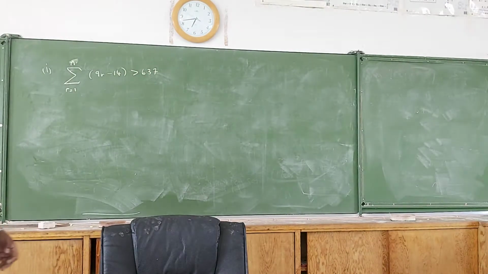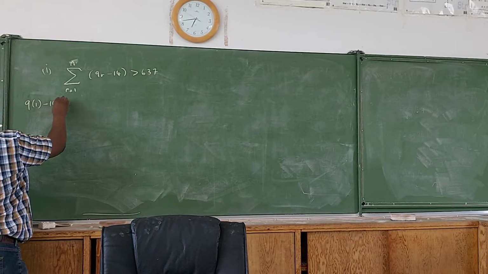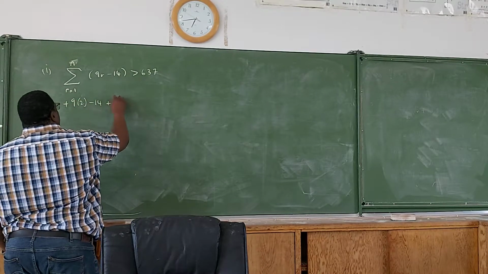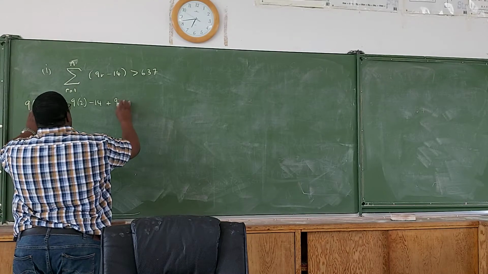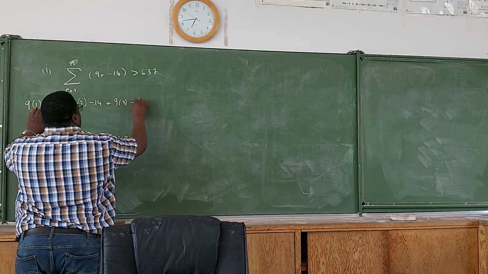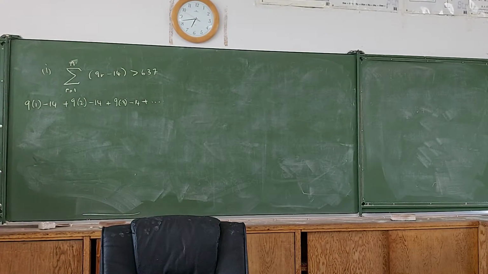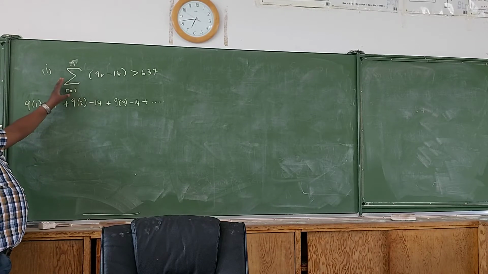Okay, it's a series. So we're going to have 9 times 1 minus 14 plus 9 times 2 minus 14. Please, while I do this, you can tell me exactly the 9 times 3 minus 14 plus and so on and so on. We don't know the total number of terms now. But we know that the sum is equal to that. So we don't know the last term.